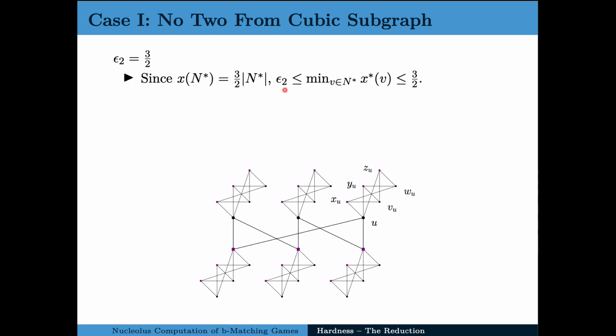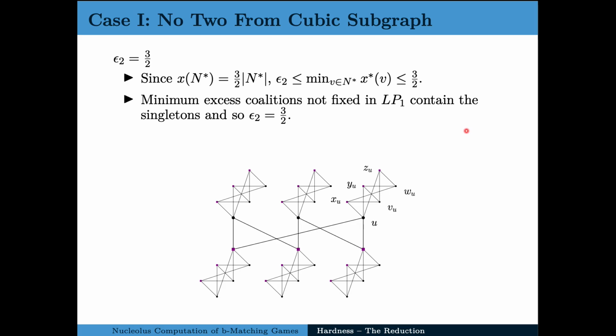Now, moving on to epsilon 2 being 3 over 2. Since we have a perfect 3-matching in the gadget graph, epsilon 2 is upper bounded by the average allocation to each individual player. We can also show that the minimum excess coalitions, which were not previously fixed in LP1, contain the singletons, and so epsilon 2 has to be equal to 3 over 2.